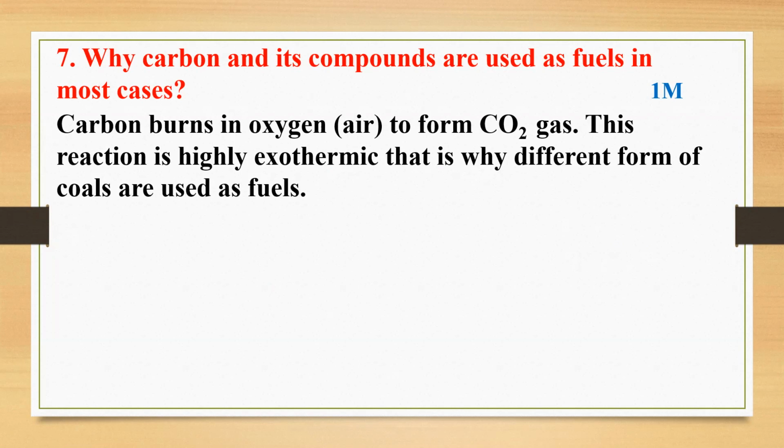Even methane gas, butane gas, LPG gas, those are all carbon-containing compounds only, because they produce a lot of heat and energy that transfers into different forms. That is the main reason.